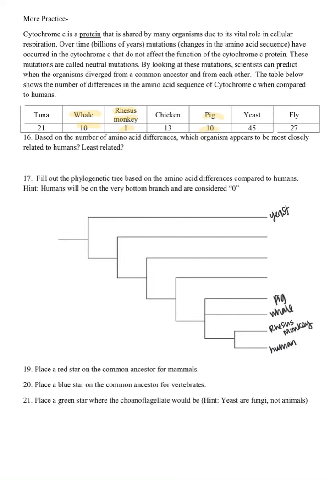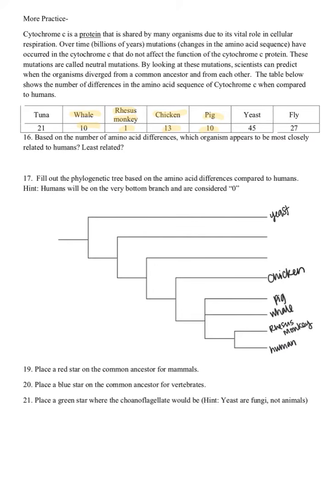Now, looking at my table, which ones have the next least number of differences between the amino acid sequences? That's going to be chickens. So my chickens are going to be the ones that are most closely related to the branches that we've already labeled.